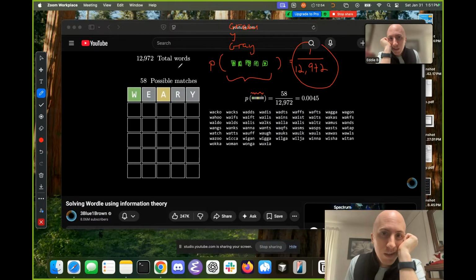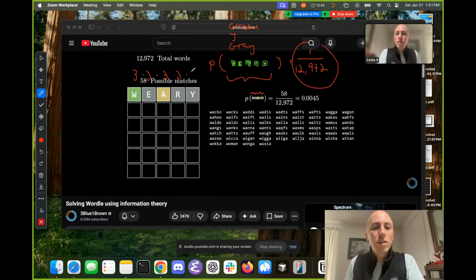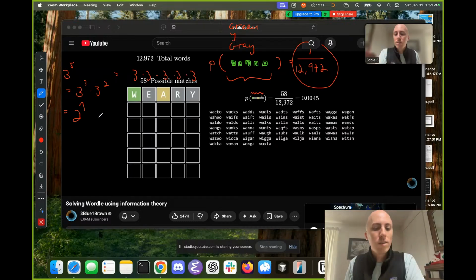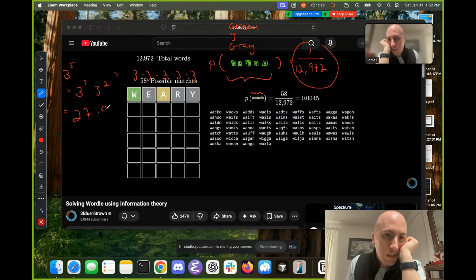And so there's 3 times 3 times 3 times 3 times 3, which is equal to 3 to the 5th, which is, so 3 cubed is 27 times 9.